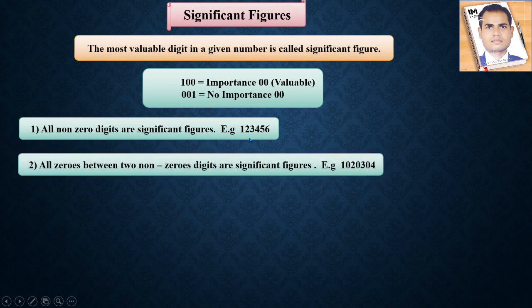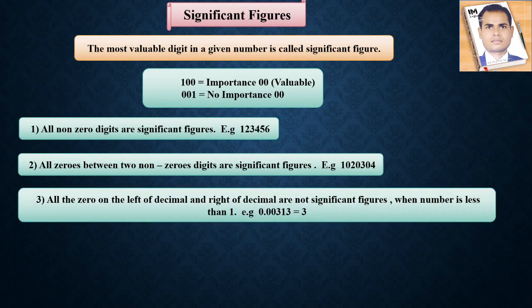Now the second rule: all zeros between two non-zero digits are significant figures. Here all of these are non-zero digits, and the zeros between the non-zero digits, this 0 and this 0 and also this 0, we can also count as significant figures. So in this number, 1 2 3 4 5 6 and 7 are significant figures. In this way we have to apply the rules.